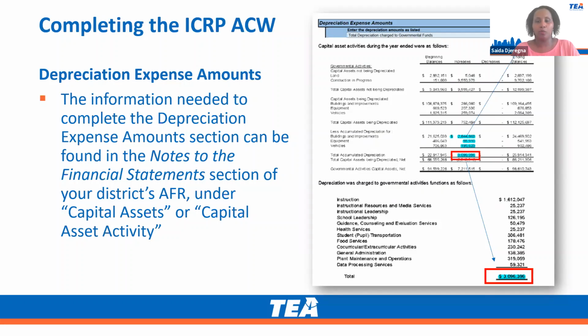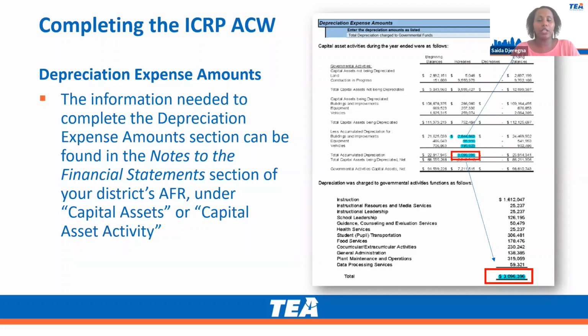Everybody needs to report a depreciation expense amount. Under or over reporting the depreciation amounts can and will distort the indirect cost rates considerably. So we ask that you pay particular attention to this section, because like I said, under or over reporting the depreciation amounts will distort the indirect cost rates.